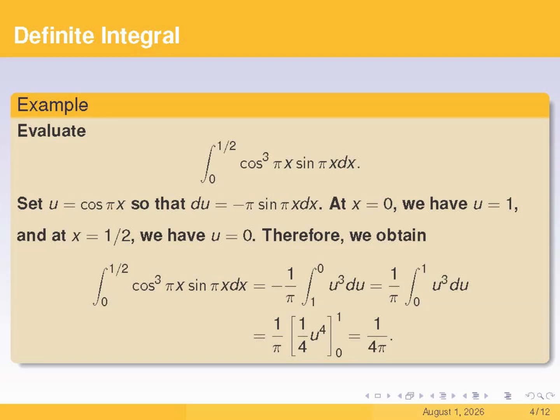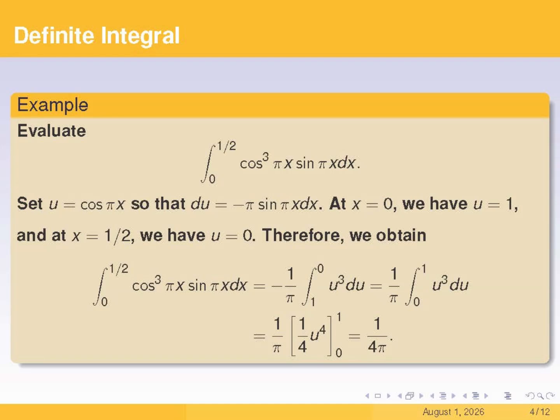When x equals the lower limit 0, substituting it into the expression for u yields the lower limit u equals 1. When x equals the upper limit 1/2, substituting it into the expression for u yields the upper limit u equals 0. The complete computation process is displayed on the last two lines.